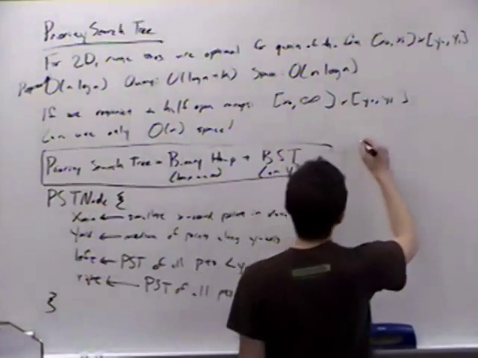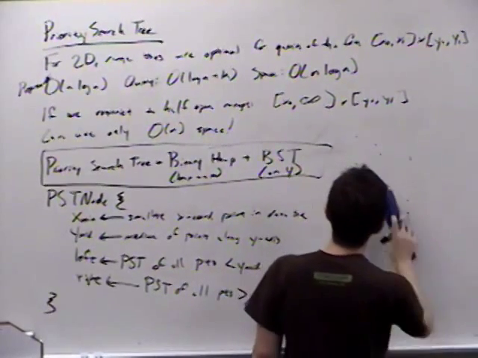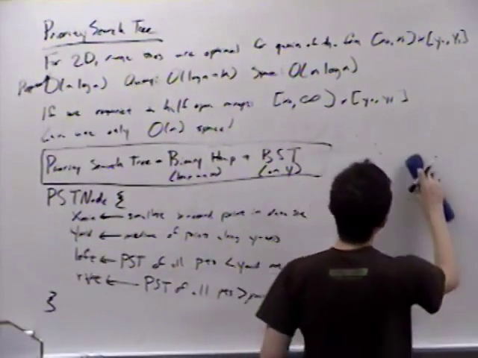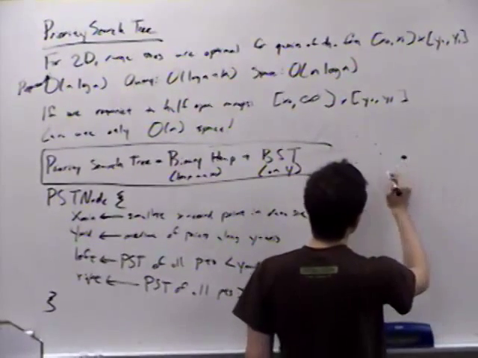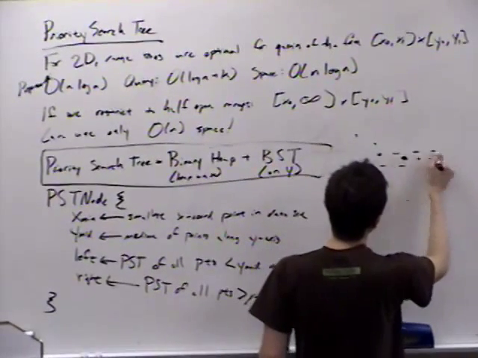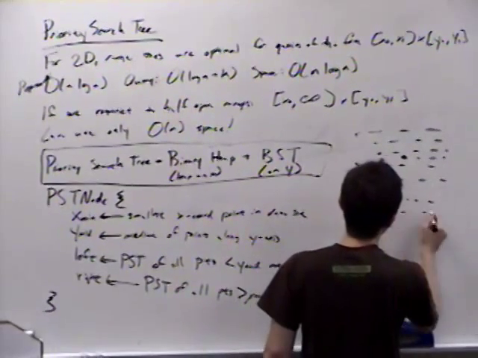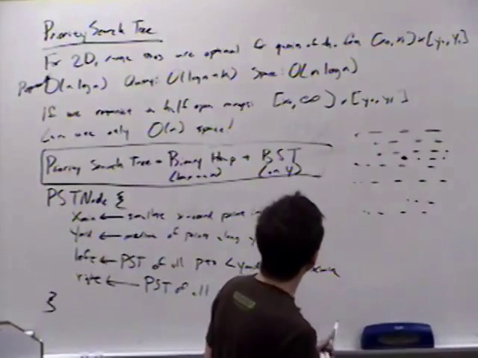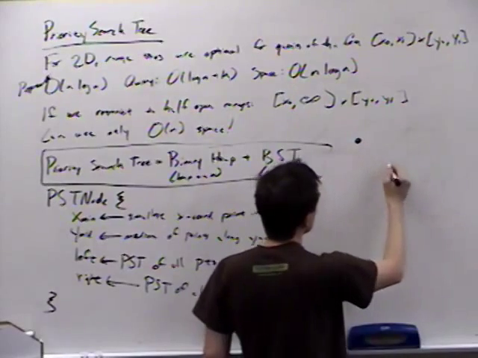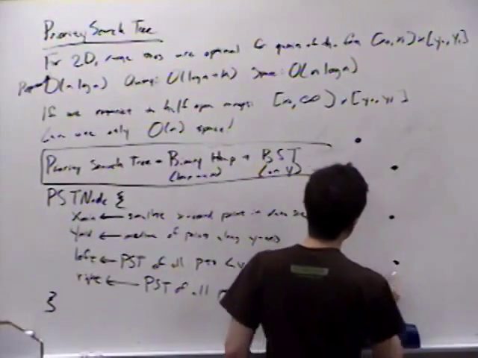So if I take some set of points here, something like this, the idea is that we'll first sort them by y. I'm going to do the points in black, and then I'll do the lines in another color.